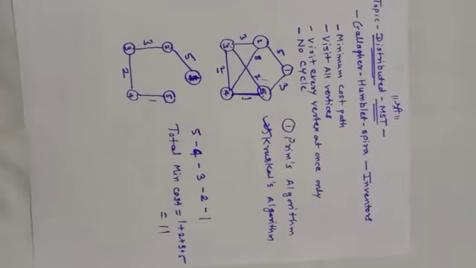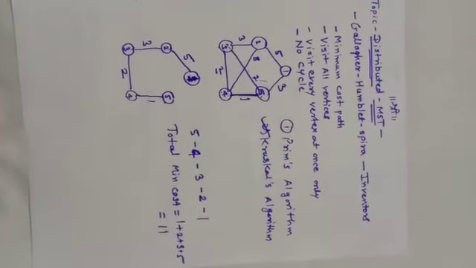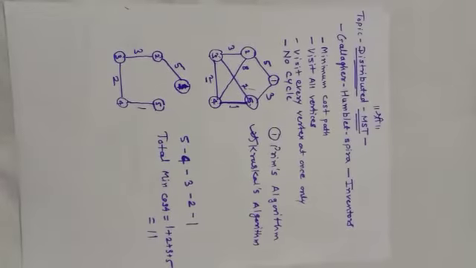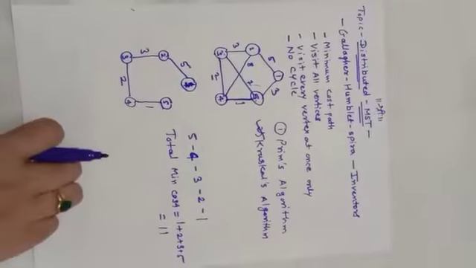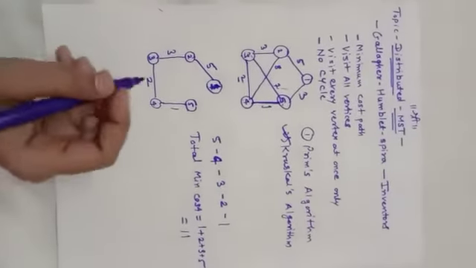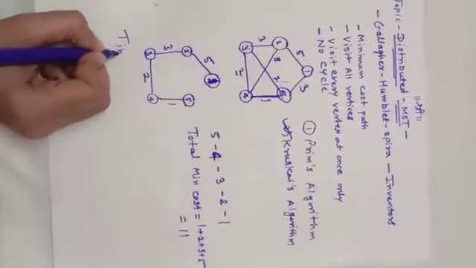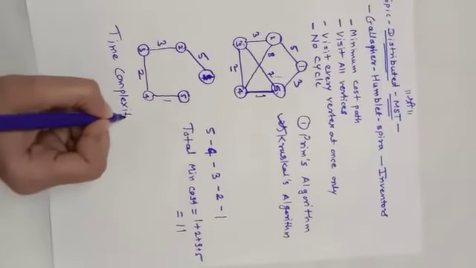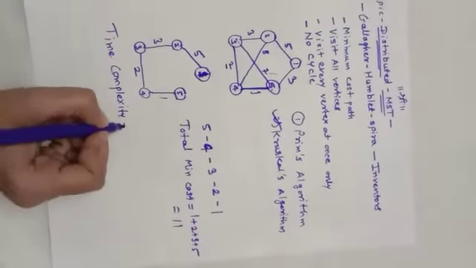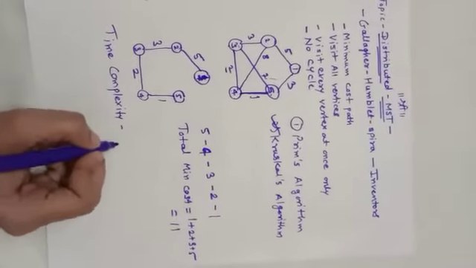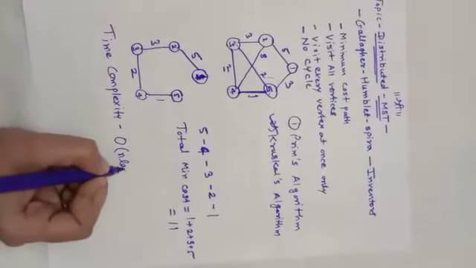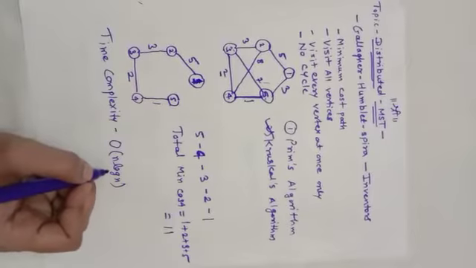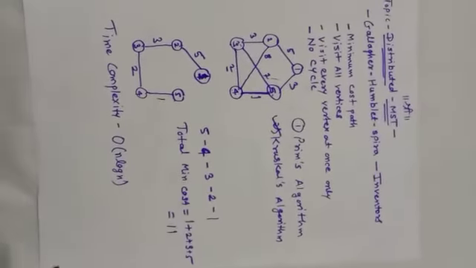So what is the time complexity? I will not tell you the steps of Kruskal's algorithm, as all of you are aware of it. The time complexity for this same Kruskal's algorithm, using this distributed property, will be Big O of n log n. Why n log n? n is the total number of vertices included, and log n comes from the recursive function call.